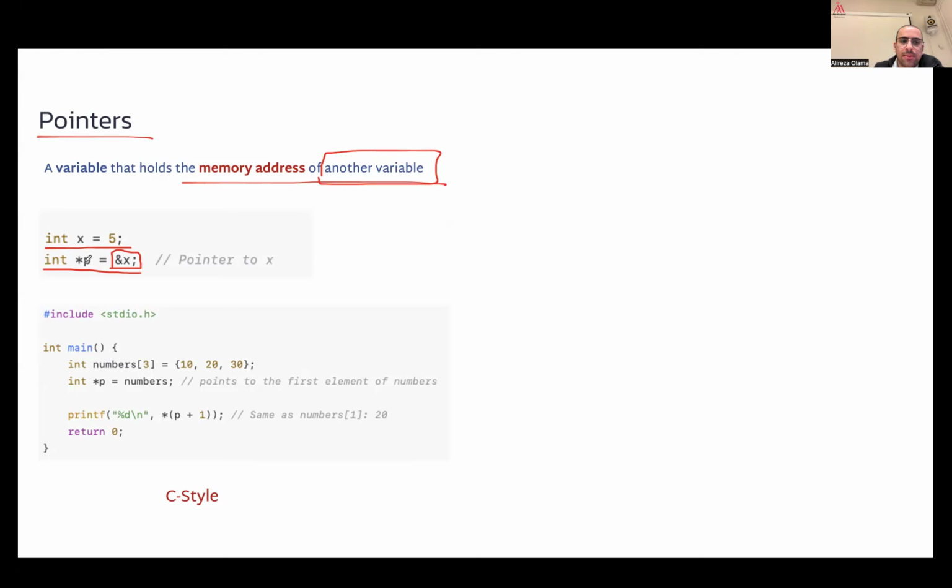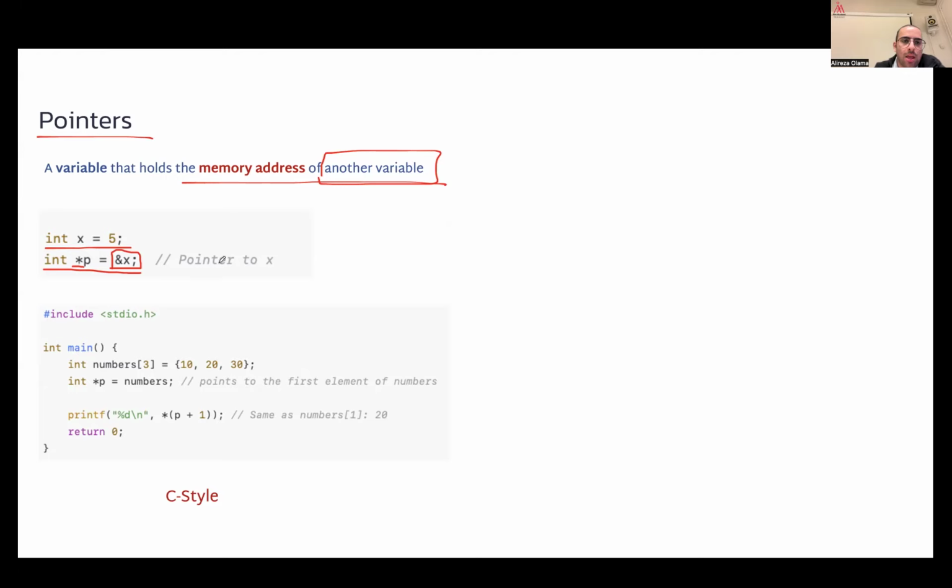So p is a pointer to an integer, and its value is the address of the variable that you get by this ampersand, okay? Pointers are very important when you write low-level code on CPUs or GPUs. So try to have some practice with that.